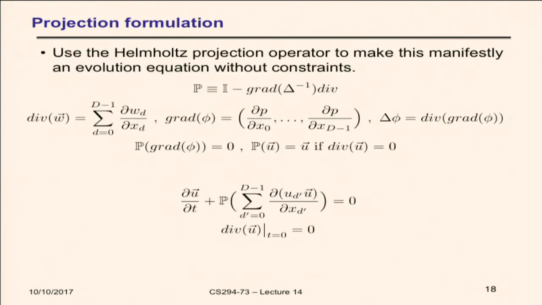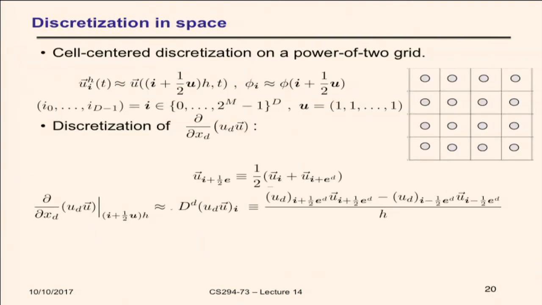So given that this is our mathematical formulation, what do our discretizations look like? Here's the kind of information I want to be able to see. First of all, I'm assuming that we're on a power of 2 grid, because I'm going to be using the simple versions of FFTs to do my Poisson solves later. And I'm assuming so-called cell-centered discretizations.